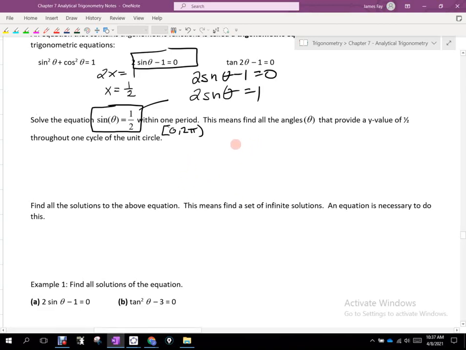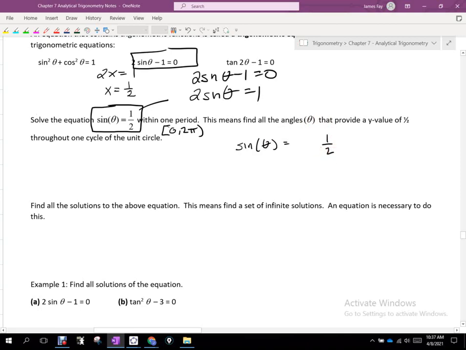You're going to get down to the point where you get sine of theta is equal to 1/2. So now what we're trying to figure out is what is the theta, what angle measurement do I plug in to spit back 1/2 as a y value? Does that make sense to everybody?